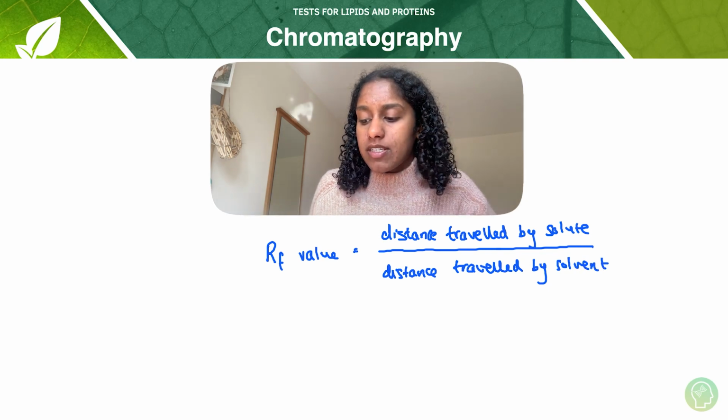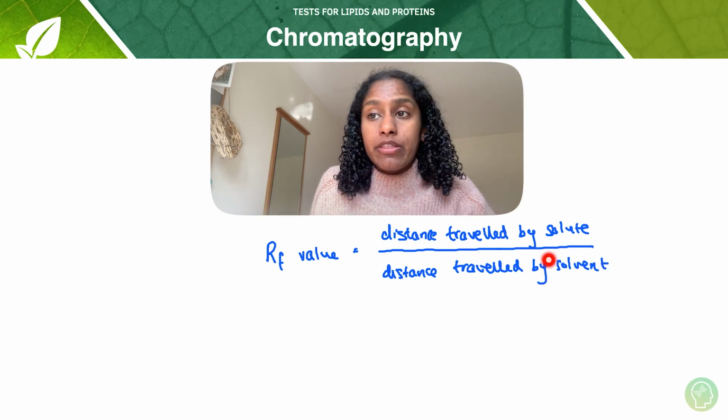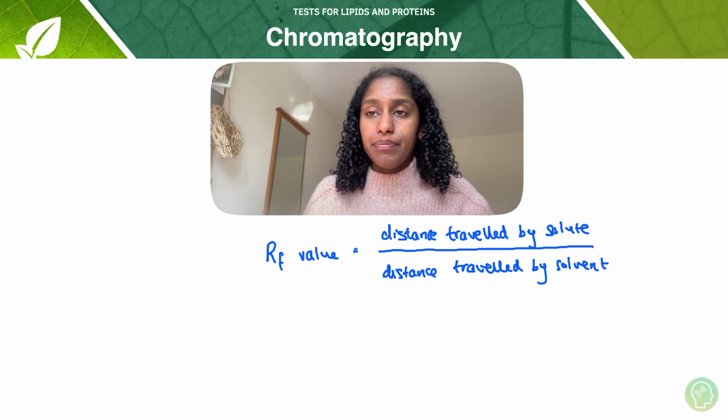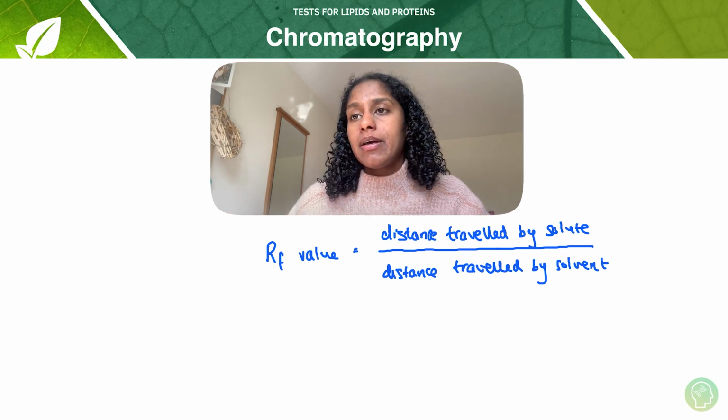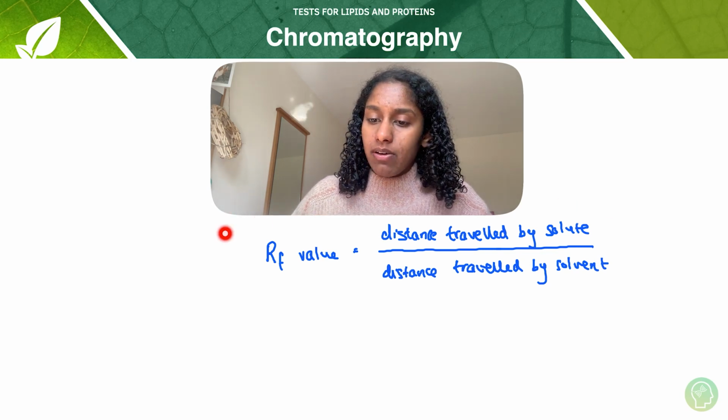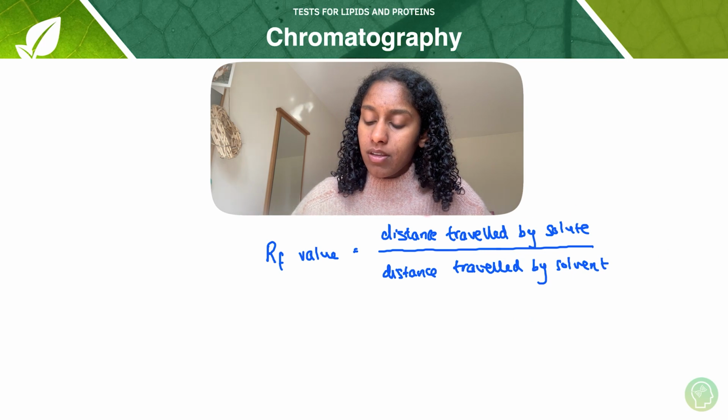Now remember, the solvent is our mobile phase, so that will be our ethanol or water, and the solute is whatever product we're testing, whatever molecule we're trying to separate. Alright, so this is an equation that you have to commit to memory.